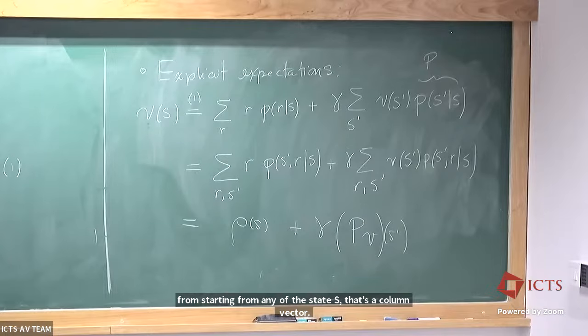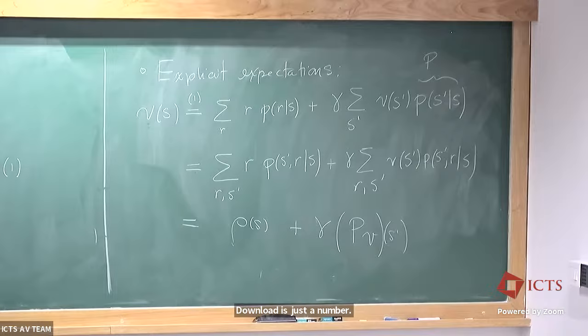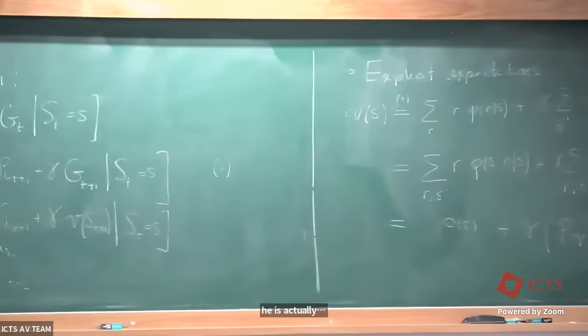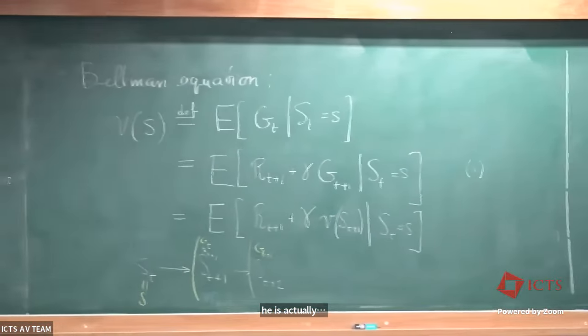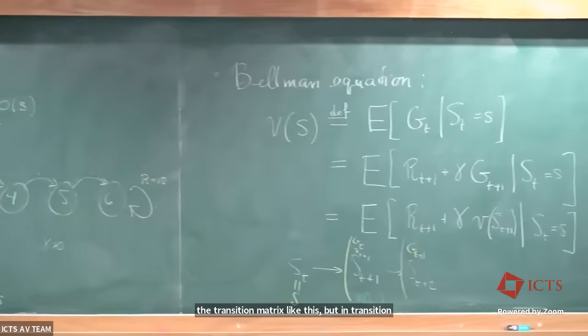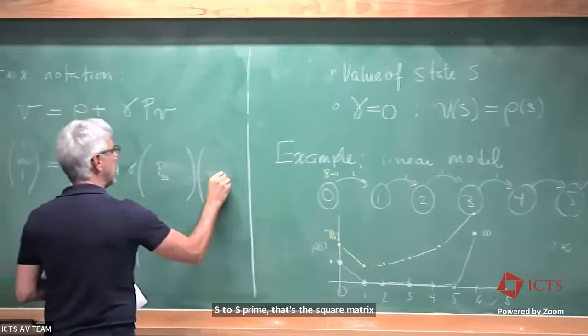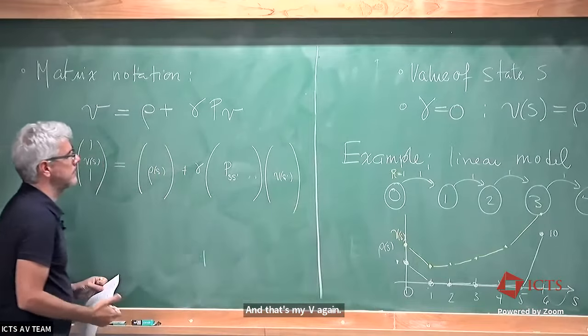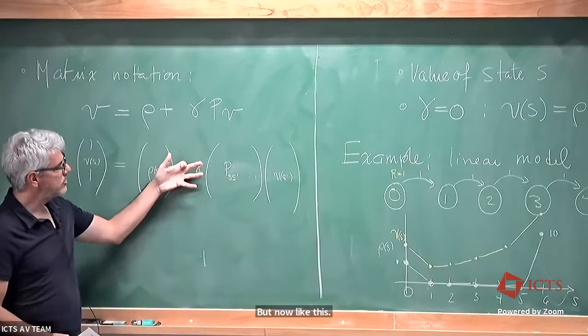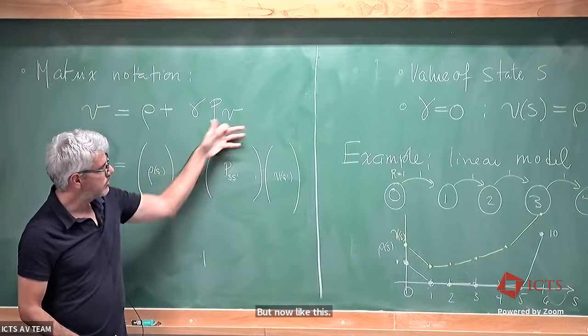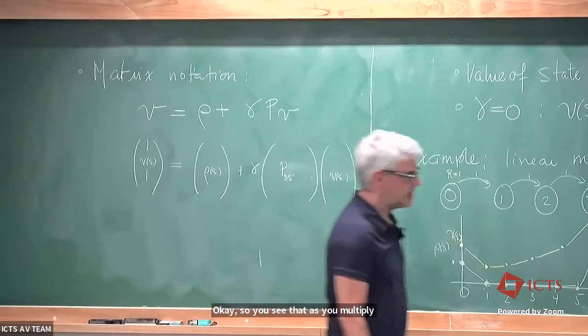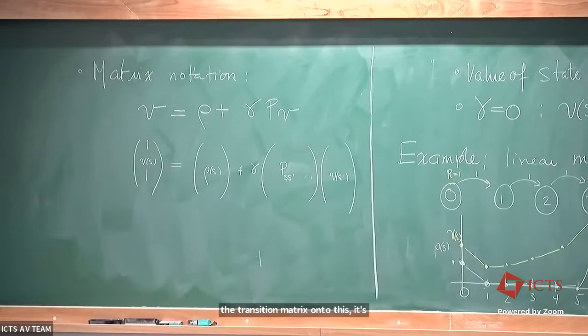P is actually the transition matrix like this, but in transition matrix term, it's S to S prime. That's the square matrix, and that's my V again, but now like this. Okay, so you see that as you multiply the transition matrix onto this, it's going to create this expectation.